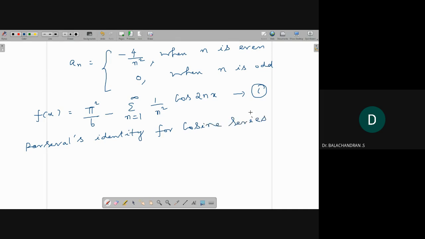What is Parseval's identity for the cosine series? Integral 0 to pi of f of x whole square into dx is equal to L, L is pi, into 1 by 4 into a naught square. A naught is what?